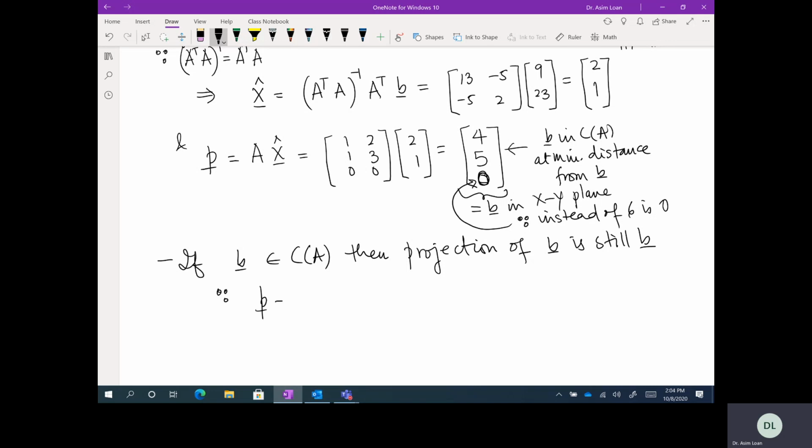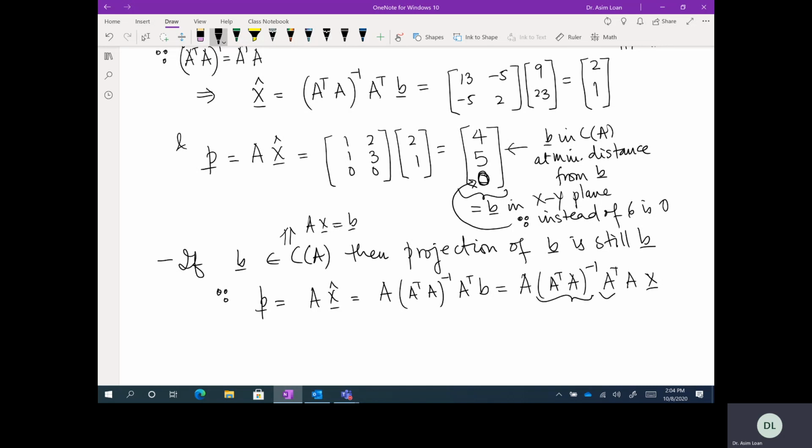Because P equals A times x hat, which is equal to A into (A transpose A) whole inverse into A transpose B, which is equal to B. Since B belongs to the column space of A, this means AX equals B. So I can write this as A into (A transpose A) whole inverse into A transpose into A into X. Okay, this one and this one give you identity.